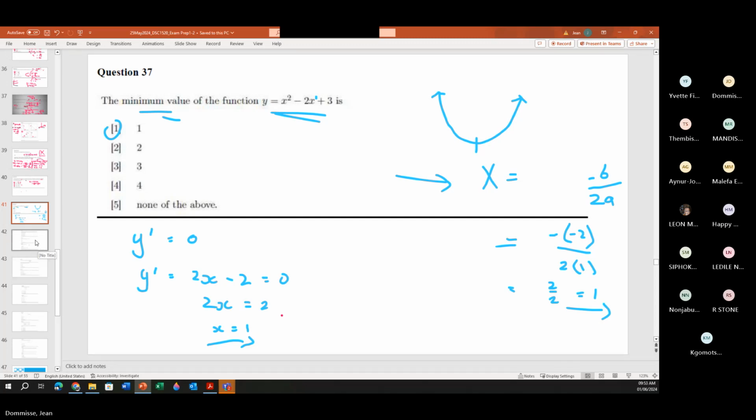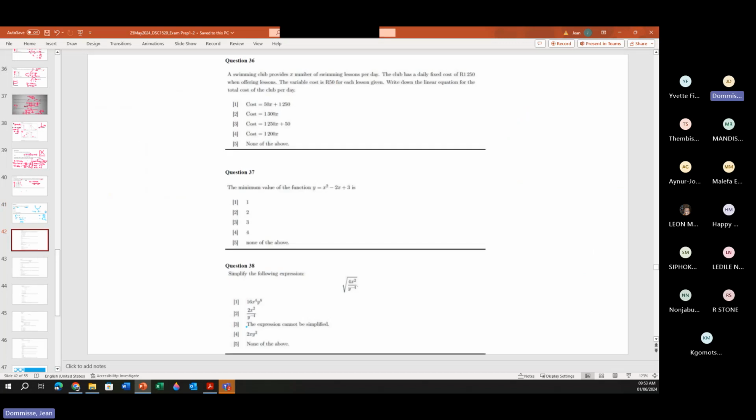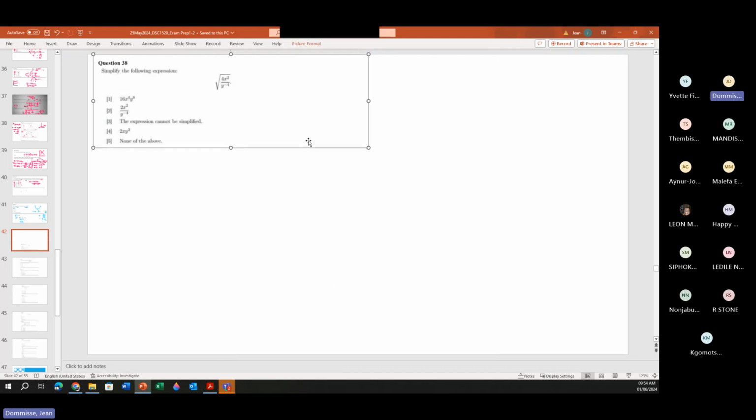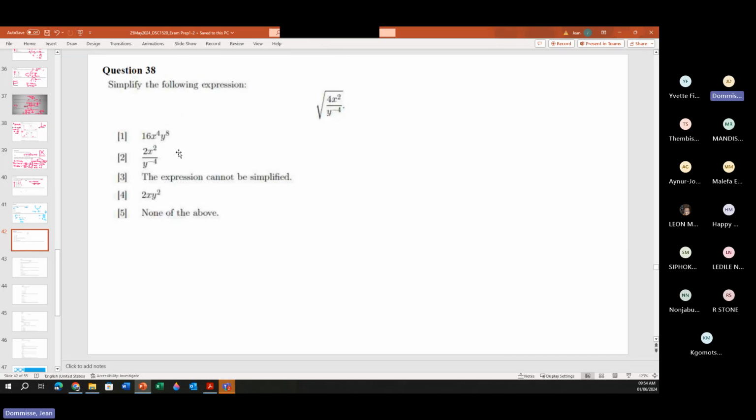Okay, so then let's go to the next one. Now again, it's nearly one of those that they wanted you to, from previous studies, make sure that you still remember how to do this.